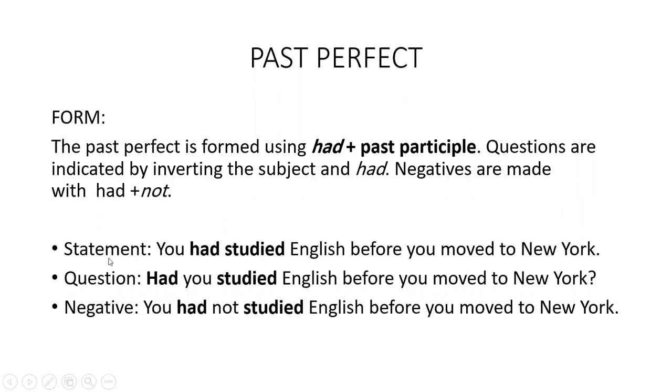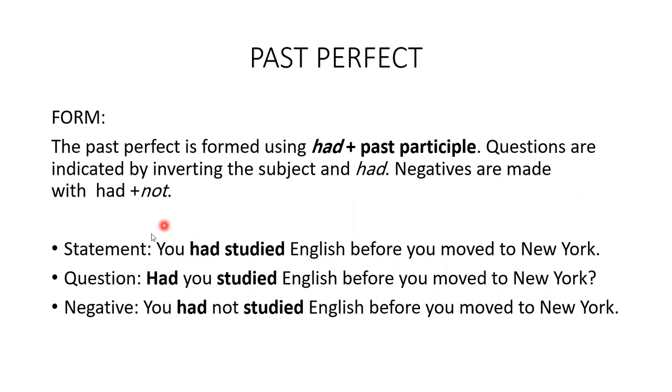Let's look at the sentences we have here as example. The statement: you had studied English before you moved to New York. Let me get my magic wand. So, you had studied. Had studied is the past perfect. You had studied English before you moved to New York. In the question, had comes before the you.